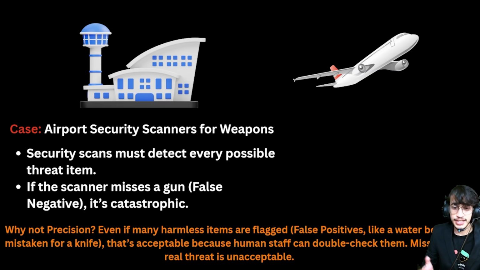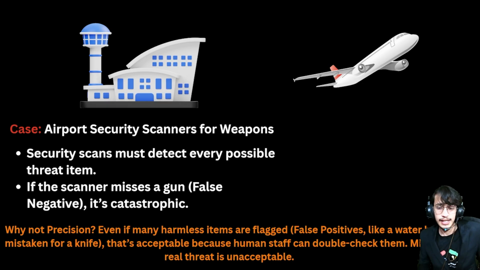But if a terrorist comes and our model says it's a water bottle or anything else and he has a gun, then the plane is hijacked. So in this case we will use recall, where our consideration is that nothing should be missed.